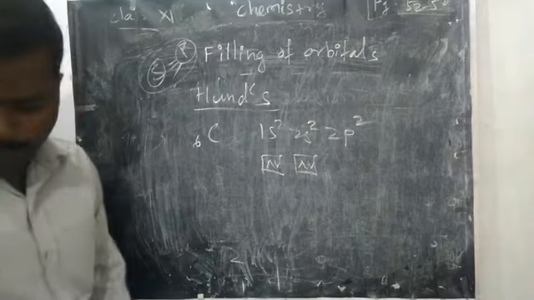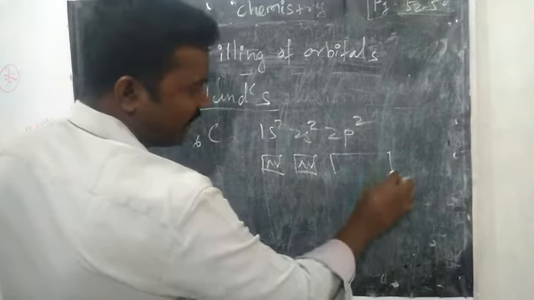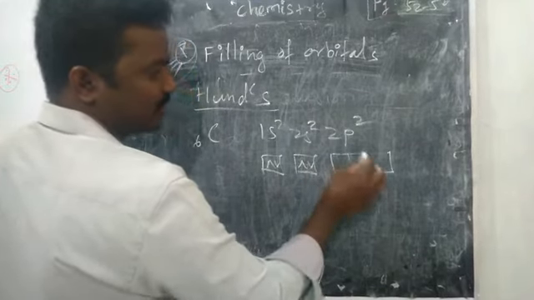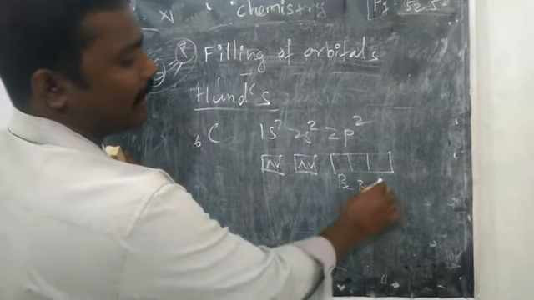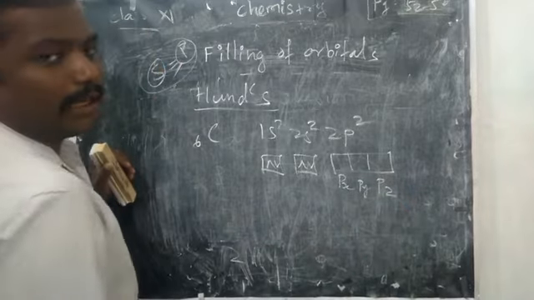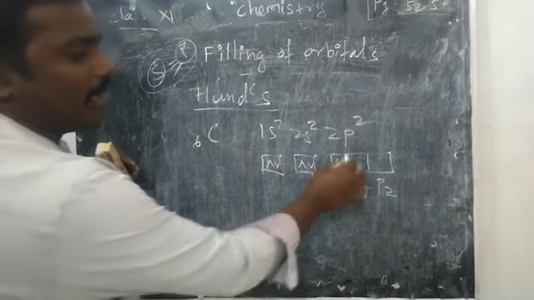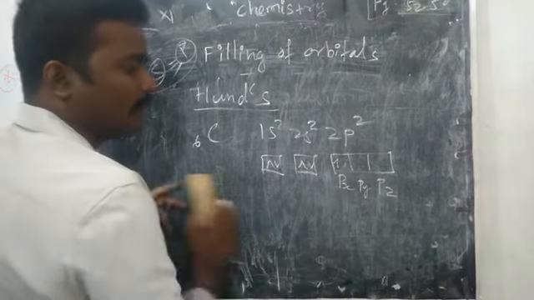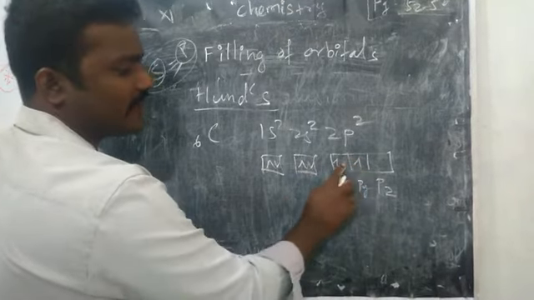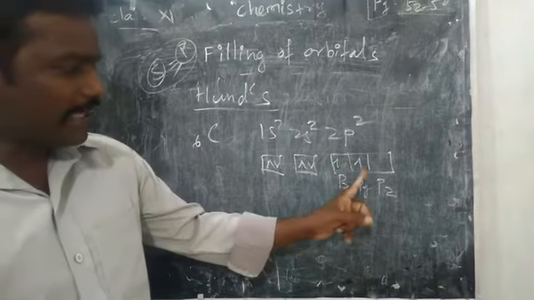Last, the p orbital, which has three orientations. Okay, so three boxes: px, py, pz. Totally two electrons. So each orbital can occupy two electrons. Shall we? No, that is wrong. You should not pair up here itself. First you have to fill the electrons singly. Why?